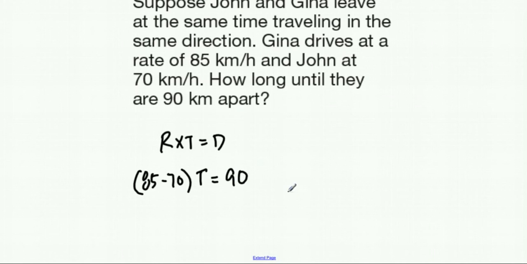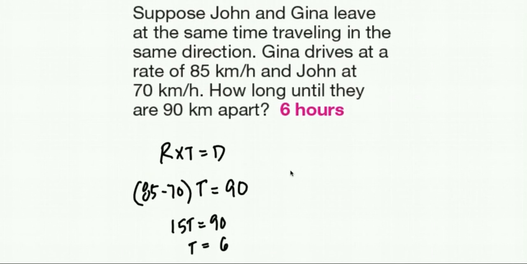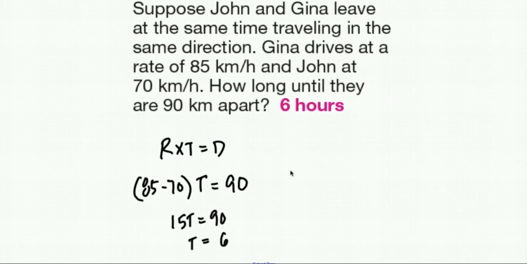If you do this, we end up with 15t equals 90, or t equals 6. We divide both sides by 15, so it will take 6 hours for them to be 90 kilometers apart.